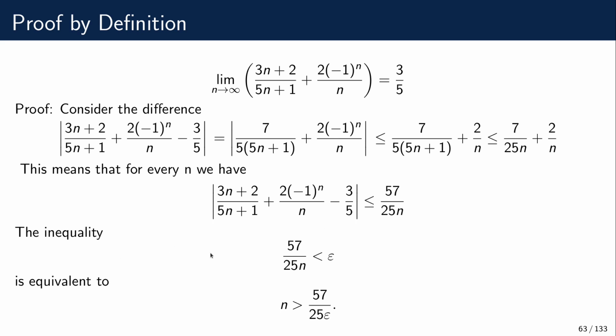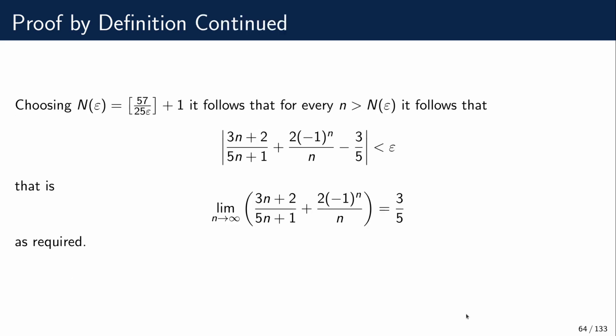And now let us look at this inequality. I will solve this inequality, and I'll choose n such that this expression is smaller than epsilon. And then if I show it for this sequence, then it follows for this sequence as well. Okay, so this inequality is equivalent to n being bigger than 57 over 25 epsilon, and again we want it to be an integer number. So what we can do is take the integer value of this and add 1.